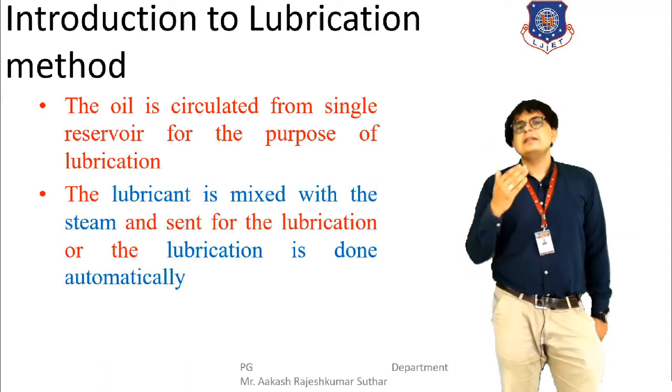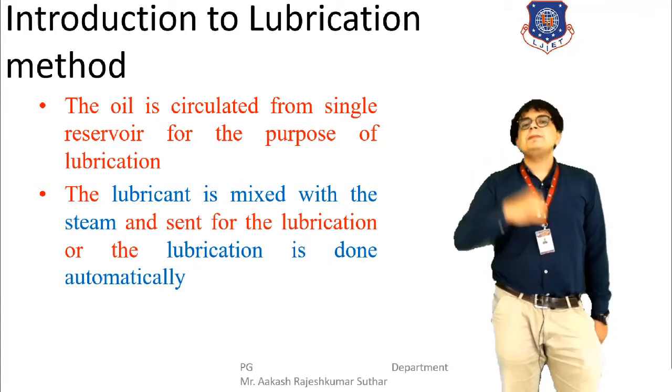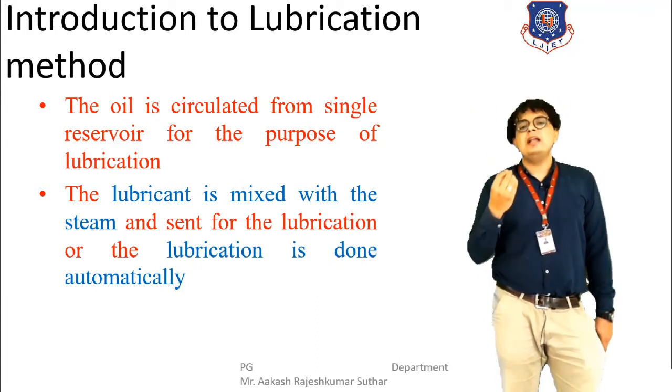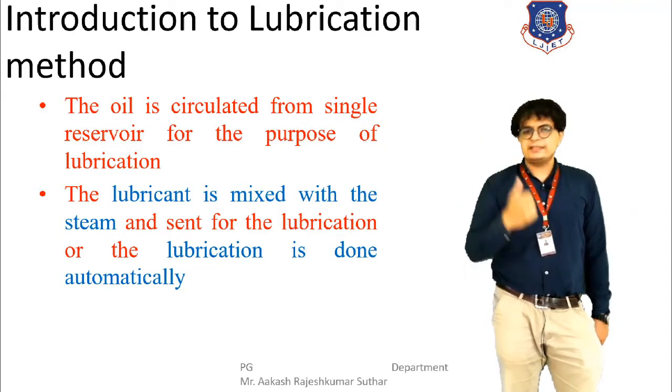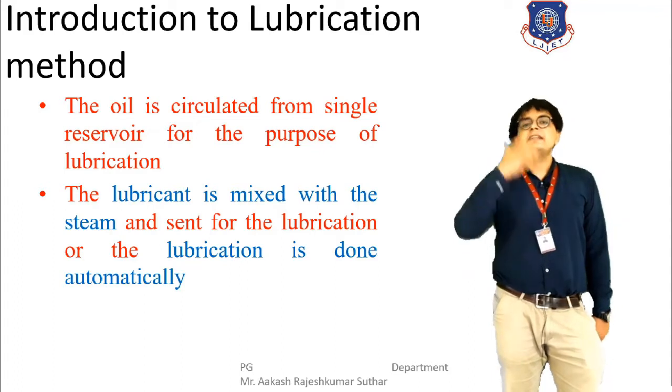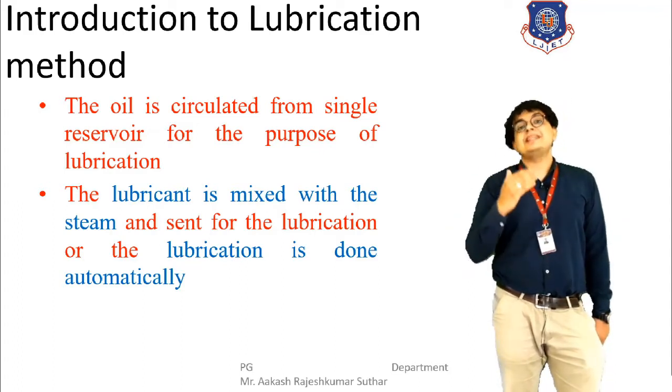Lubrication here sometimes is mixed with steam so that it can vaporize, stick to the wall, and ultimately be applied to the overall surface. So yes, this is how in some places it is applied. So this is how the lubrication is mixed and sent to the required location.